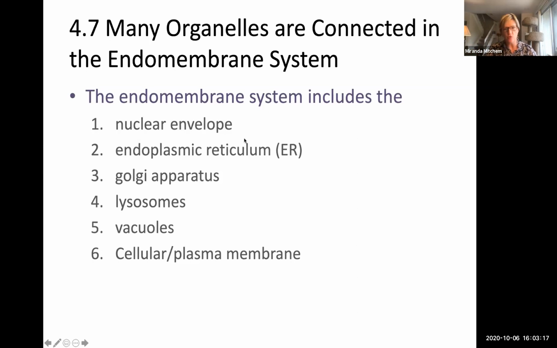And some of these are directly connected membrane to membrane, whereas others are not. I do want to emphasize that not every eukaryotic cell has all of these components, because vacuoles, for example, are found in plant cells, but not in animal cells. And lysosomes are found in animal cells, but not in plant cells.